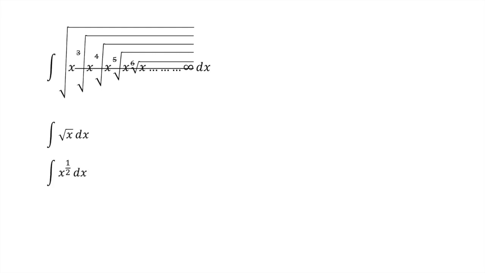That's the integral of x raised to power 1/2 dx, where you just have to add 1 to the exponent and divide the whole thing by the same 1 plus exponent and add a constant to the answer, which in our case is 1/2 plus 1. So our answer comes out to be x raised to power 3/2 divided by 3/2 plus a constant.